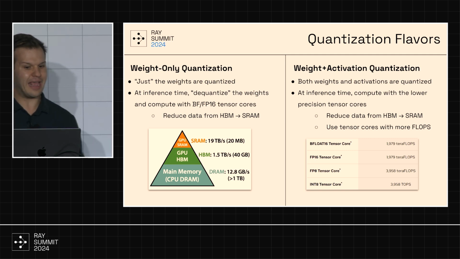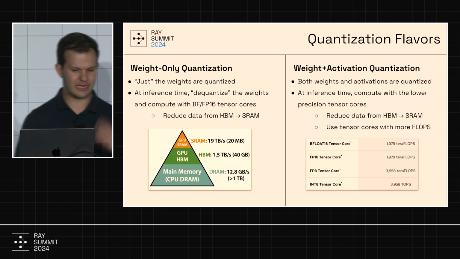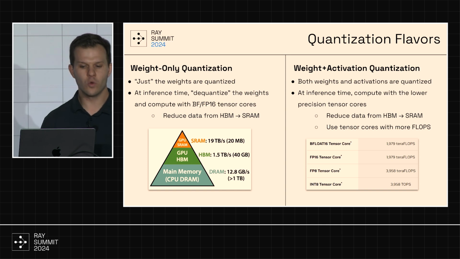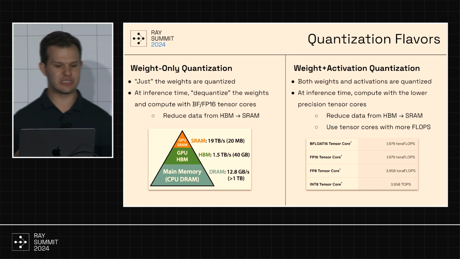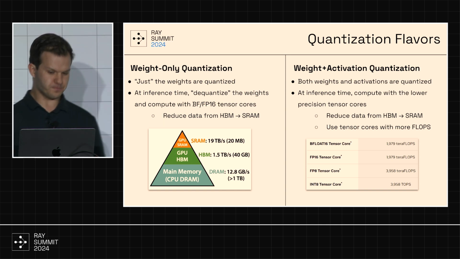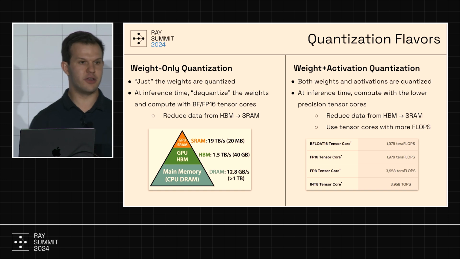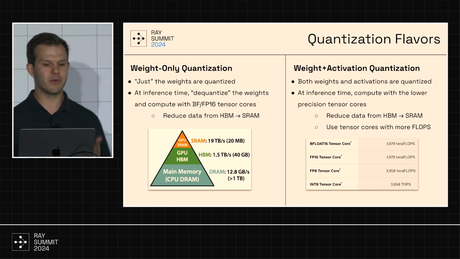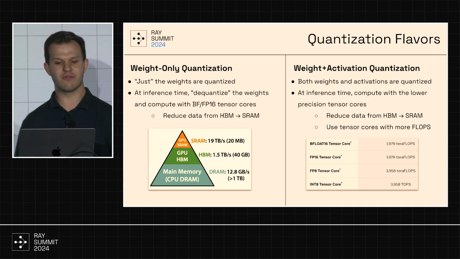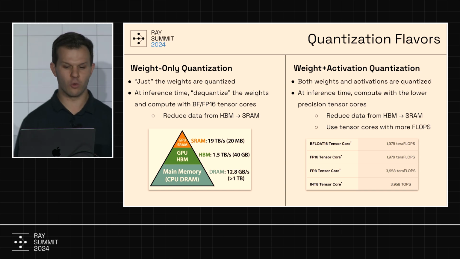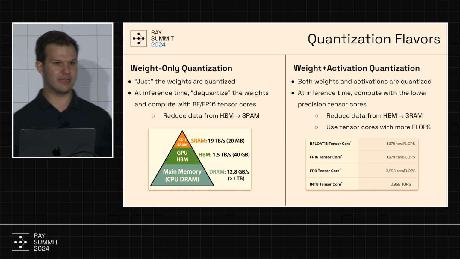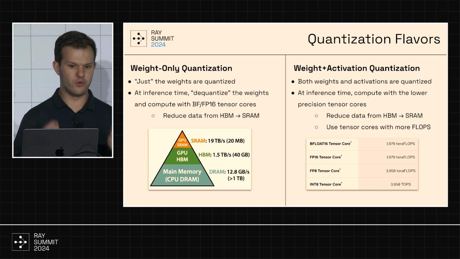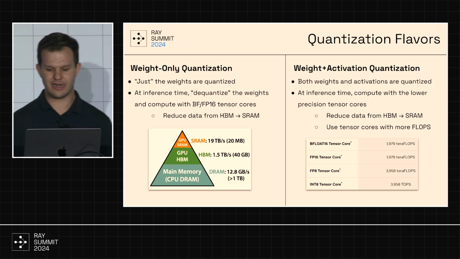Whereas with weight and activation quantization, if we quantize both the weights and activations, we're actually able to take advantage of these lower precision tensor cores, which enables us to not only reduce the amount of data flowing from HBM into SRAM, but also allows us to leverage the tensor cores that have more floating point operations per second. And so we're able to improve both of the bottlenecks that exist in a GEMM operation.